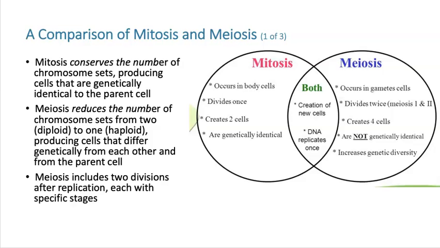Meiosis reduces the number of chromosome sets from 2, or from being diploid, to being haploid. And that in and of itself produces cells that are genetically different from each other, as well as being genetically different from the parent cells. Meiosis has 2 divisions, and mitosis has 1 division.